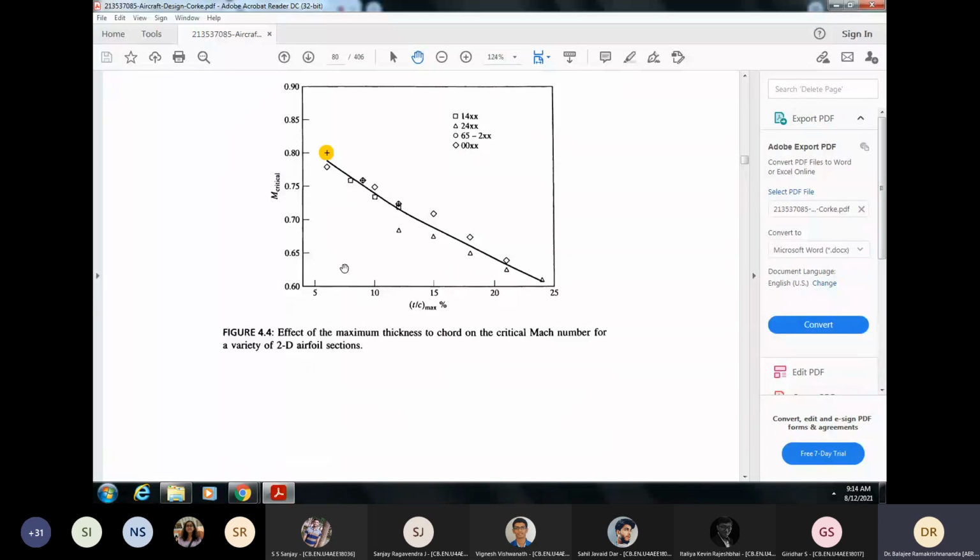For low Mach numbers, you can have high thickness without any problem. For high Mach numbers, you have low thickness. Aerodynamics becomes paramount at higher Mach numbers to increase the critical Mach number. At low Mach numbers, on the other hand, you can have the luxury of a thicker airfoil. The structural aspect can become important at low Mach because drag is not a critical criterion there.